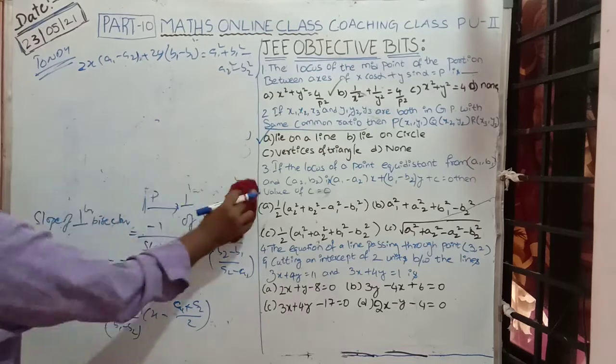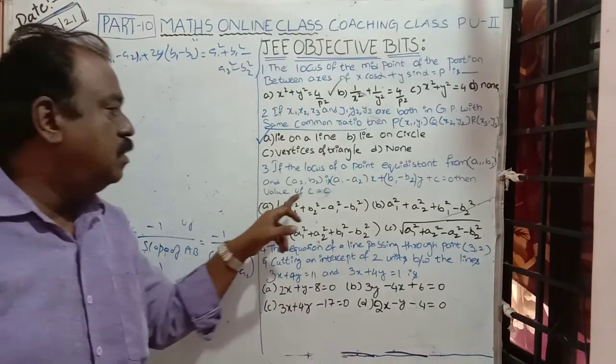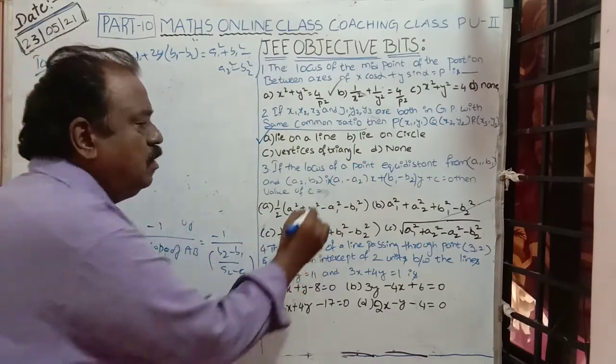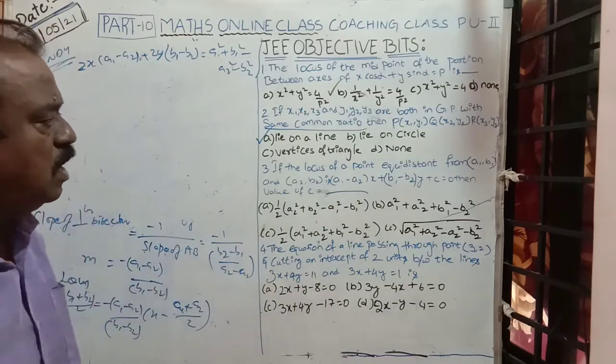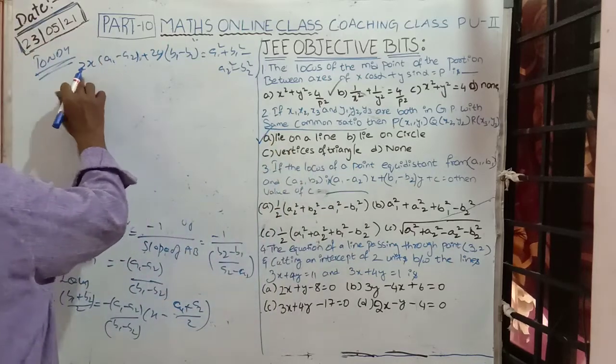But the question is asked in a different way. You see, the value of c is equal to dash. What is the constant? Now c is equal to dash means here a1 minus a2 is there, but 2 is not there.